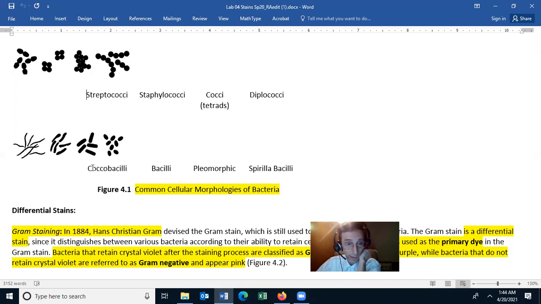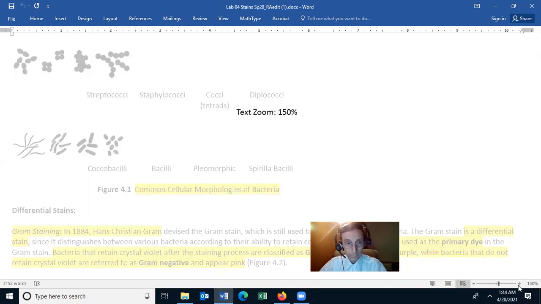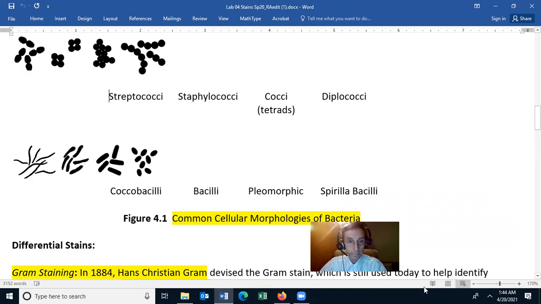The first we need to talk about is a coccobacillus. It's a very, very short bacillus that's rounded, so it looks similar to a coccus, but if you look at it, especially with that cell, you can see that it's not really a coccus, and it's not a bacillus, so we call those coccobacilli. It's in between a coccus and a bacillus.